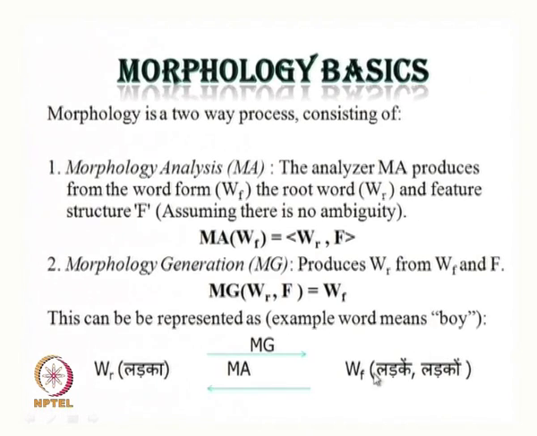The example word is ladka, which means boy. So, WR is the root word ladka. When you generate morphology, it can produce ladke and ladko. Going in the opposite direction, doing morphological analysis, we get ladka from ladke and ladko and also their features. We will continue with this discussion in the next lecture.